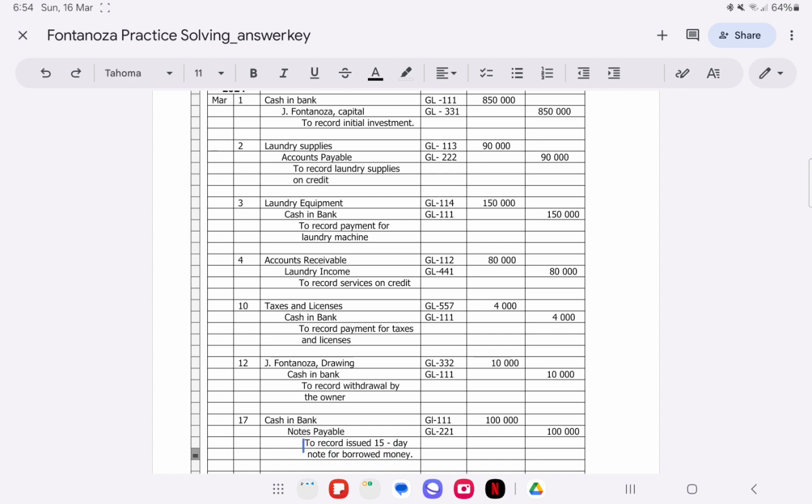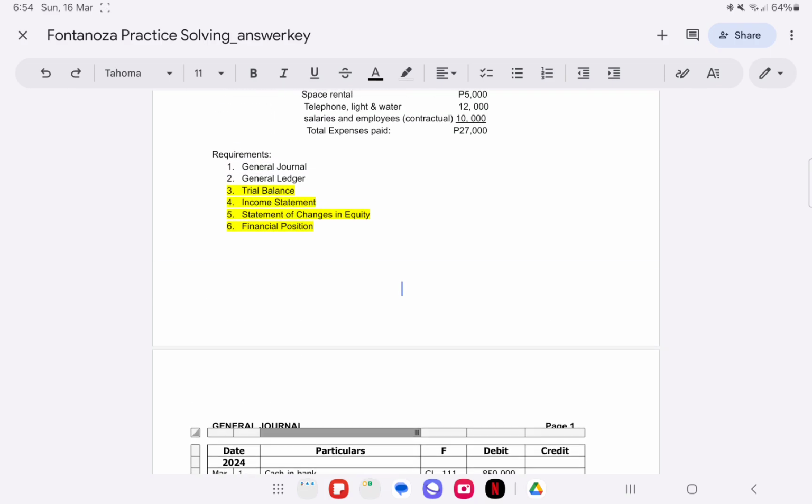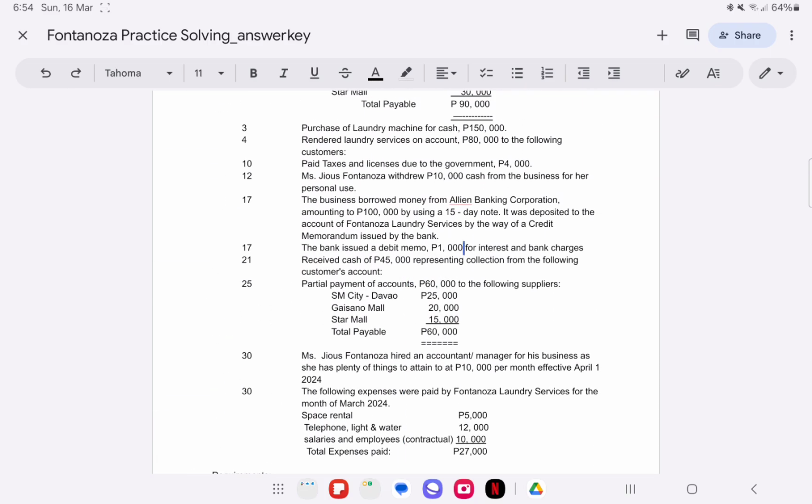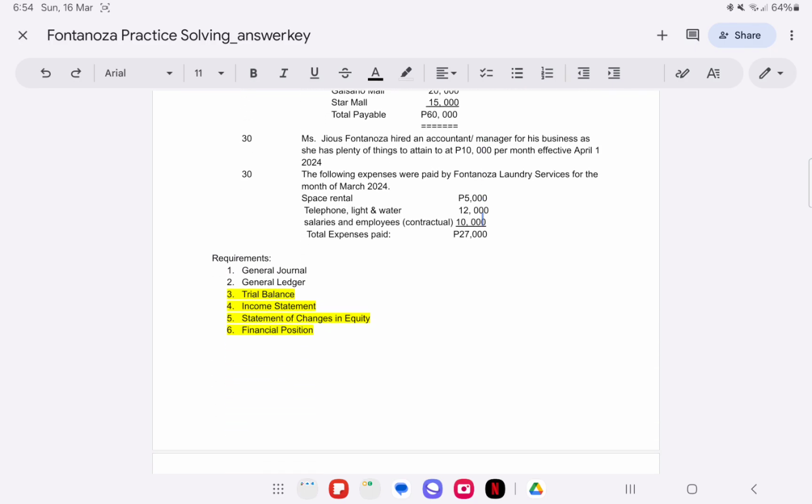You can just copy the transaction here. It's up to you how you make an explanation so you understand it easily, if you're going to recheck for errors in the next problems. So it's easy for you to access, so you need to input an explanation.